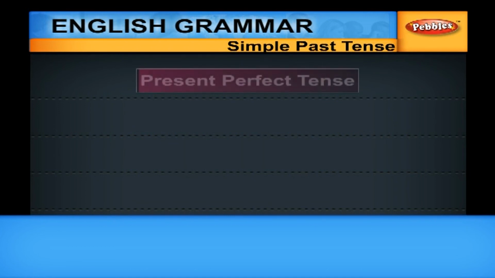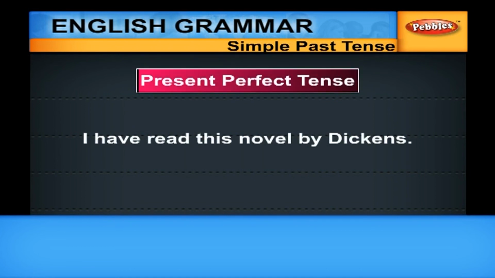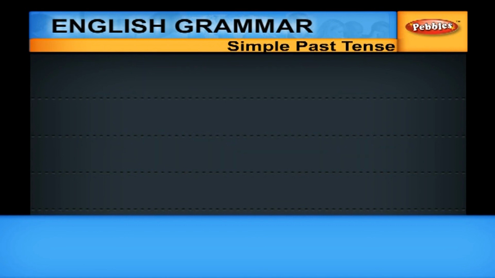But a present perfect tense cannot exist without a helping verb. Because you have seen present perfect tense is equal to have or has plus past participle VEN. You can understand this by these examples.